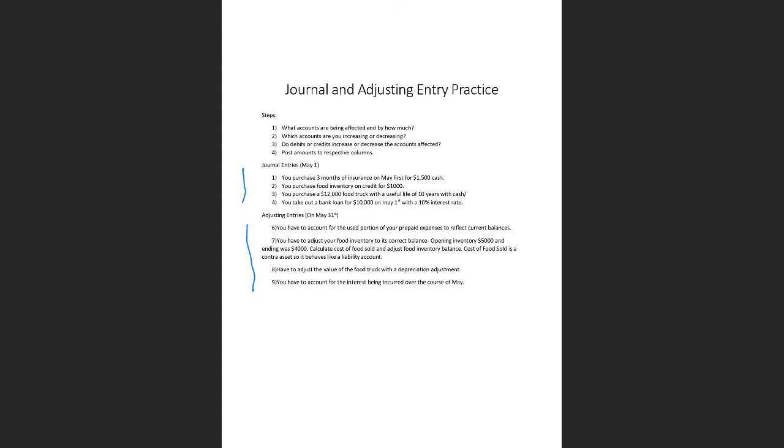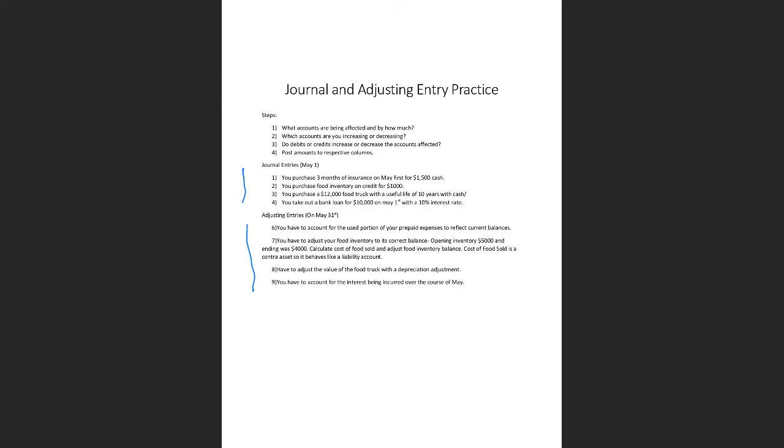The first one is you purchase 3 months of insurance on May 1st for $1,500 cash. The second is you purchased food inventory on credit for $1,000. The third is you purchased a $12,000 food truck with a useful life of 10 years with cash.